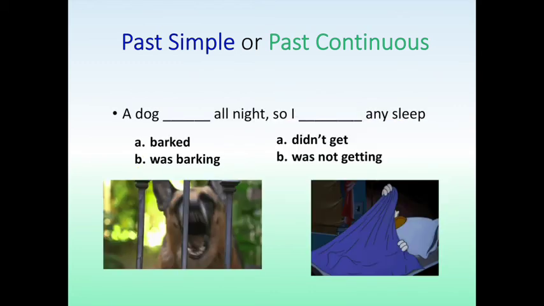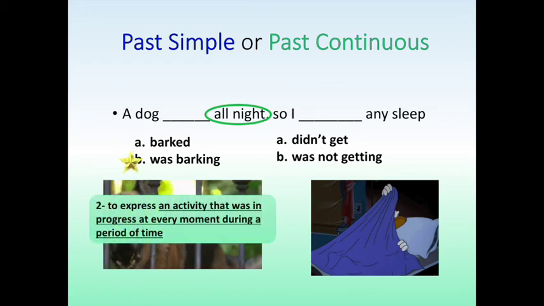A dog barked all night, so I didn't get any sleep. Let's look at the first part. A dog barked all night, or a dog was barking all night. Look here. The key words are all night, so we should use past continuous.